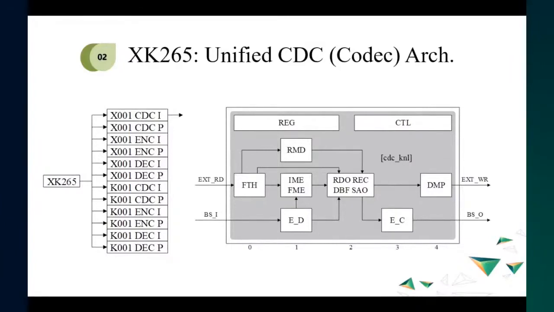The IME and FME are the integer and fractional motion estimation, and also include the RDO. The REC is a reconstruction loop. The DBF and SAO are the in-loop filters used in the codec. The ED is an entropy decoder, and EC is an entropy encoder. The DMP is the dumper module to dump the reconstructed pixels to main memory.